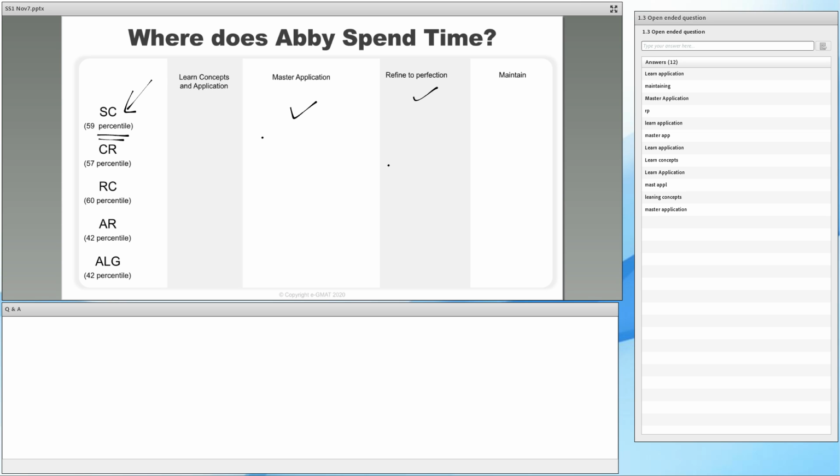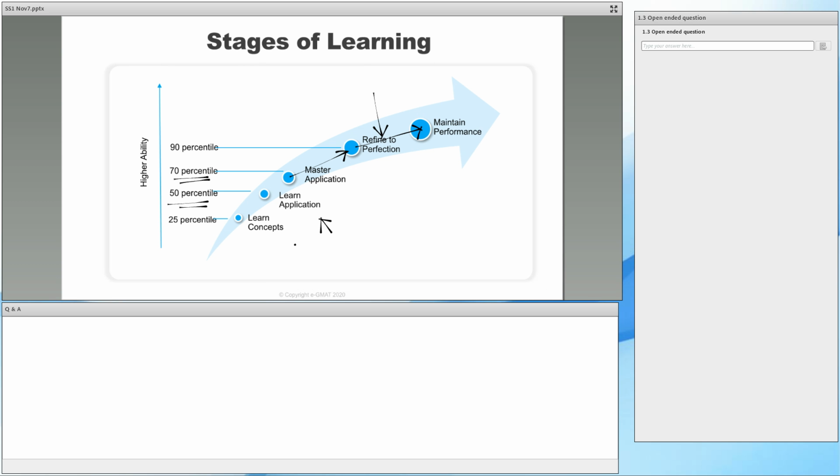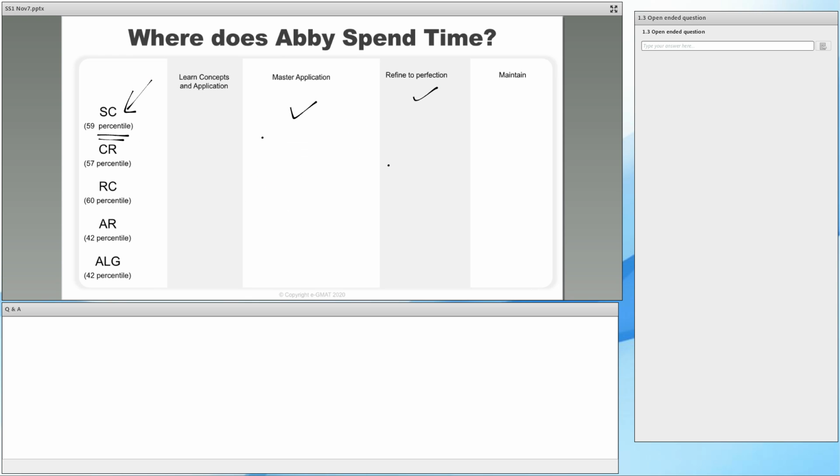I would ask her to do a few application files, but primarily I would ask her to go on this Scholaranium platform. So she knows applications, otherwise you wouldn't be at that 60th percentile. Remember this chart over here. Once you learn application, you are at the 50th percentile. She's in between points over here. She's at that 60th percentile.